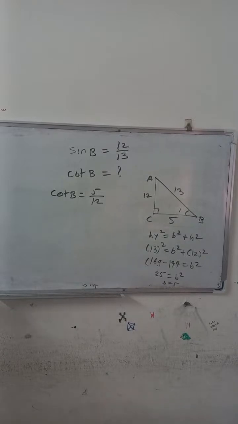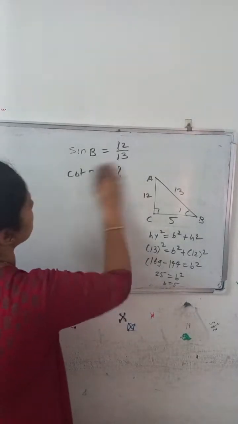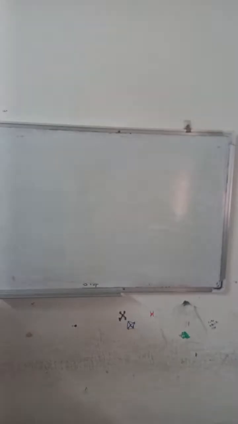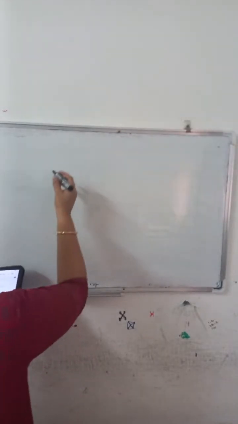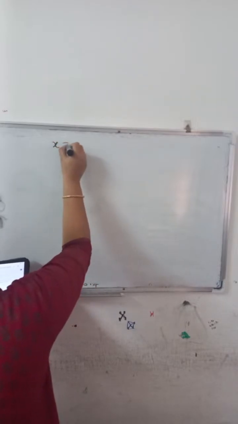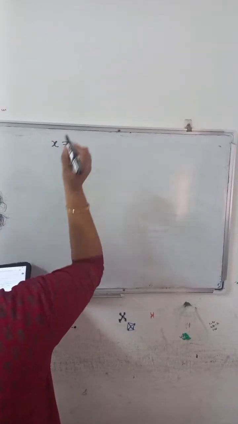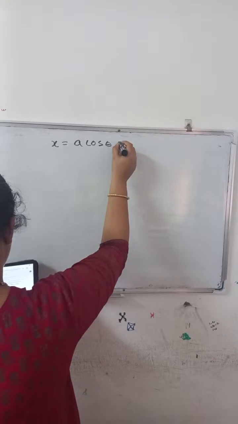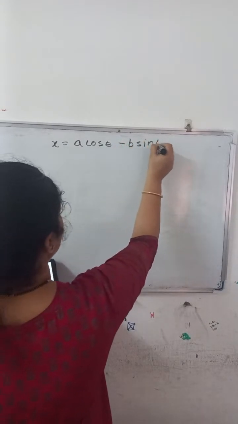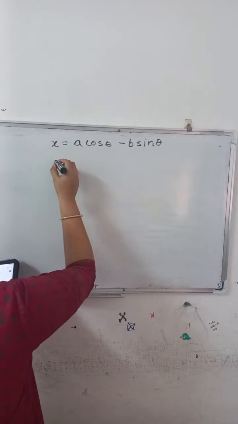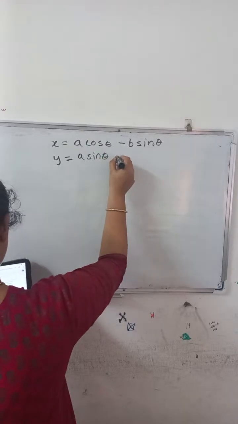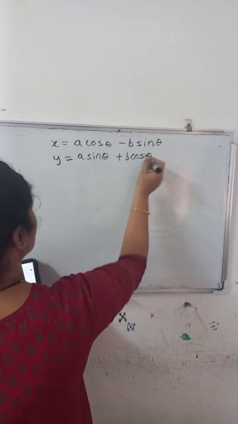If x is equal to a cos theta minus b sin theta, and y is equal to a sin theta plus b cos theta.